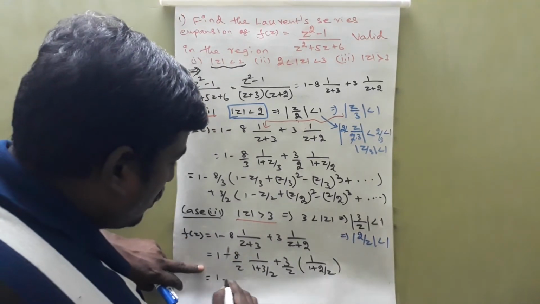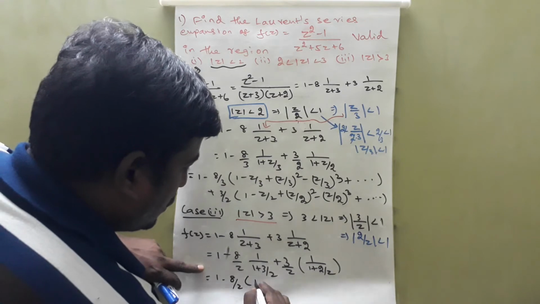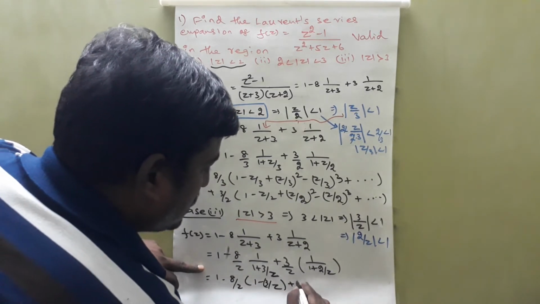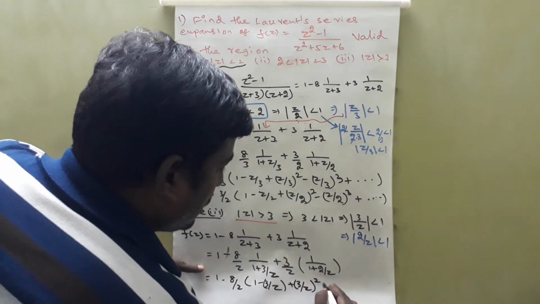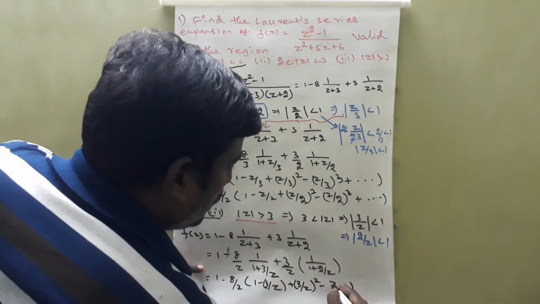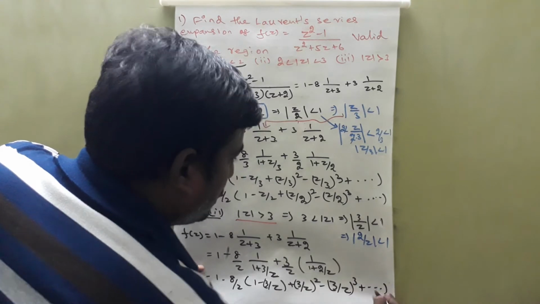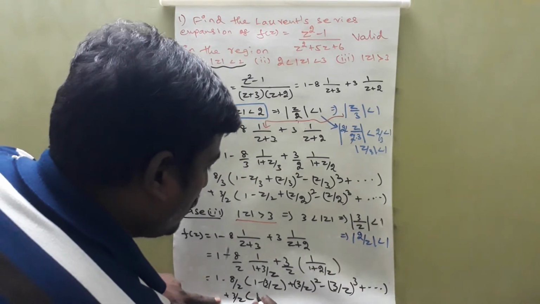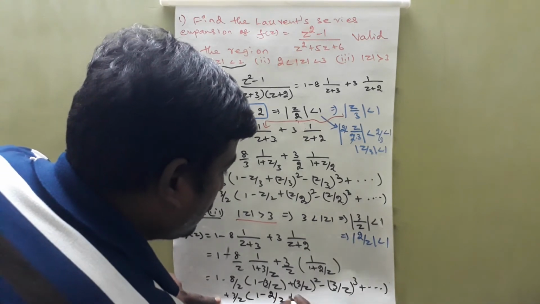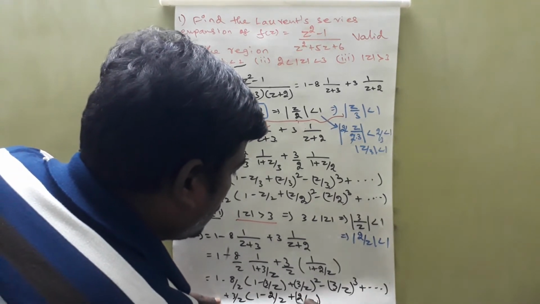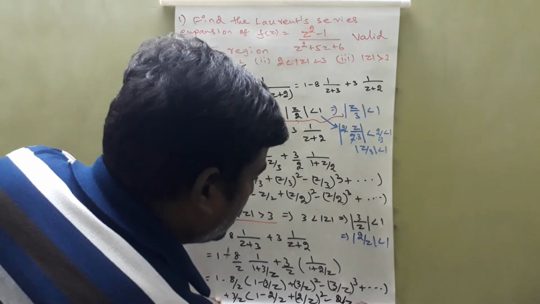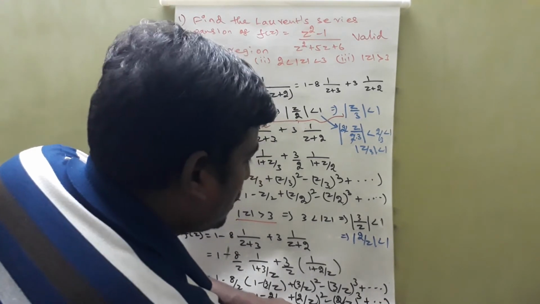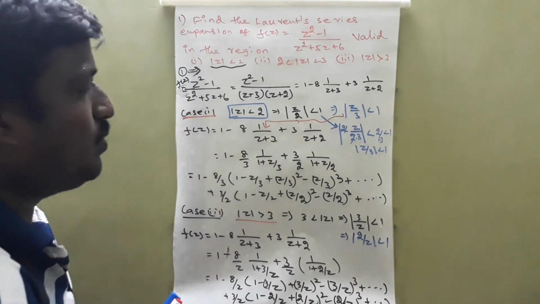Just expand it. 1 minus 8 by z into 1 minus 3 by z plus 3 by z whole square minus 3 by z whole cube plus etc. Similarly, plus 3 by z into 1 minus 2 by z plus 2 by z whole square minus 2 by z whole cube plus etc. Okay, the case 3 is also over.